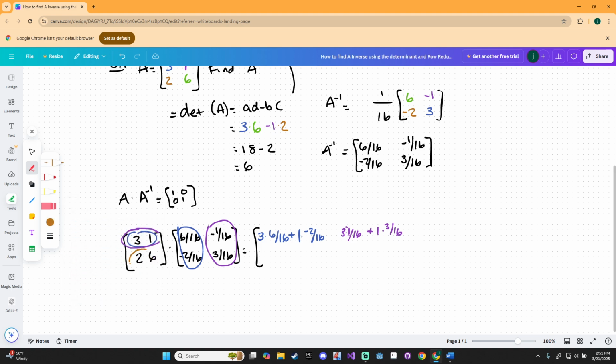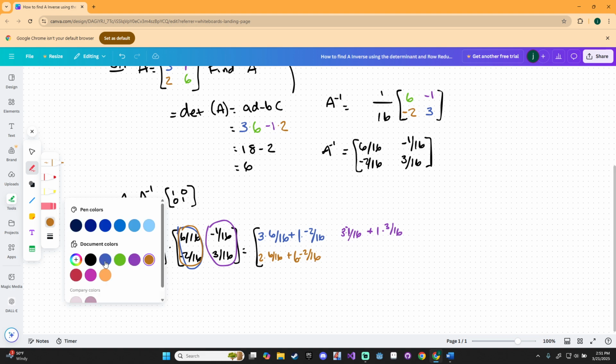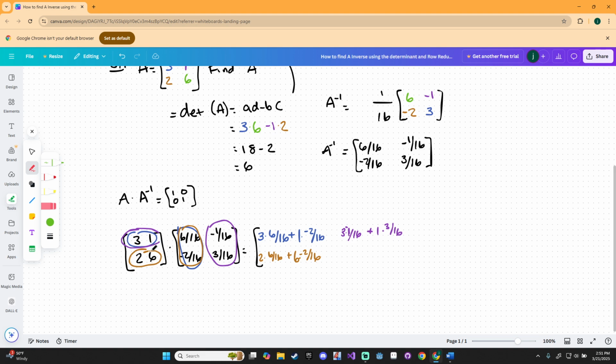And for our bottom left, we'll do the bottom row times the left column: 2 times 6/16 plus 6 times -2/16. And finally, our bottom right one: 2 times -1/16 plus 6 times 3/16.